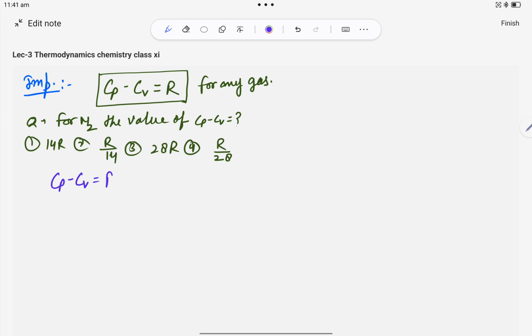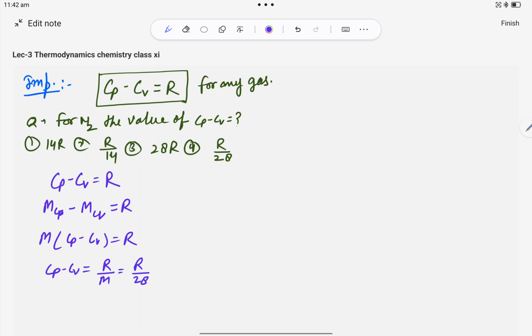Capital Cp minus capital Cv is equal to R. Capital Cp is what? Molar mass into small cp minus molar mass into small cv is equal to R. Molar mass common, small cp minus small cv is equal to R. So small cv is equal to R upon M, and molar mass of N2 is what? 28. So last option will be correct.